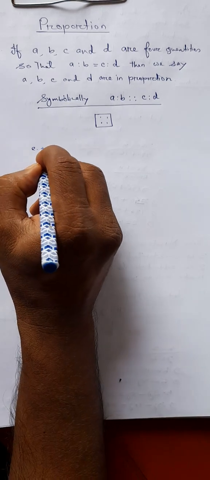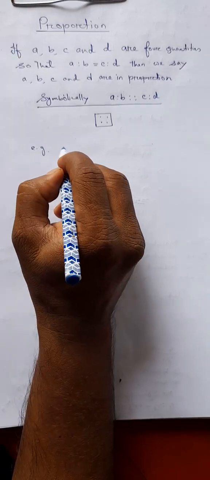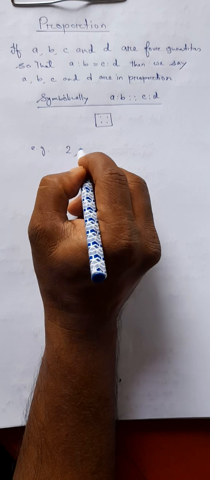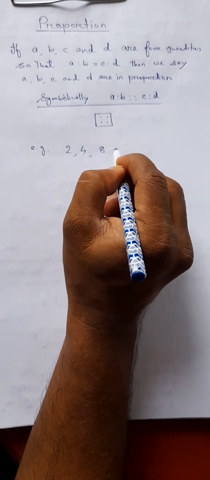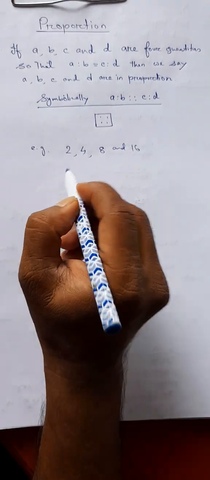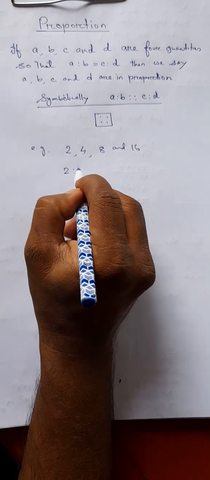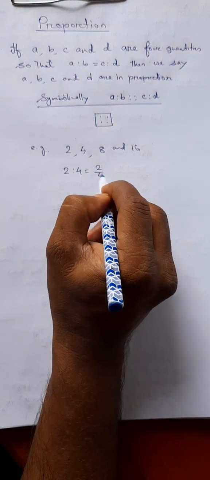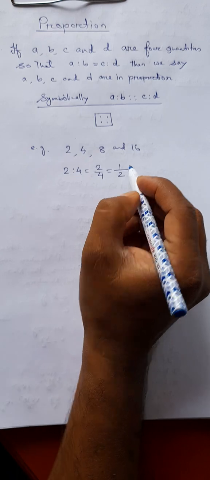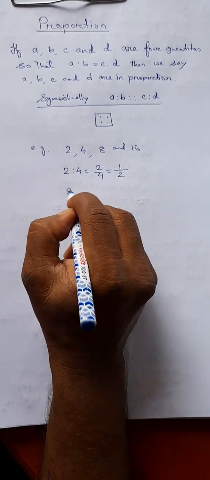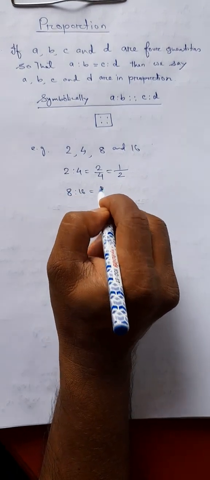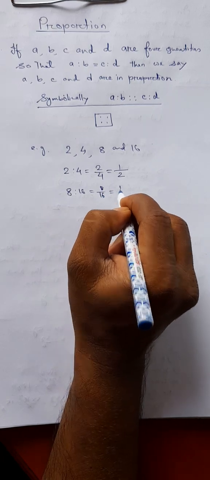Say, for example, you take 2, 4, 8 and 16. Now 2 is to 4 equals 2 divided by 4, equal to half, right? Similarly 8 is to 16 equals 8 divided by 16, equal to half.